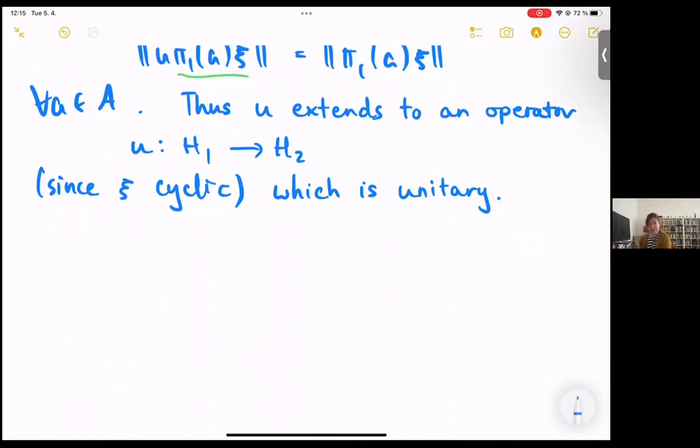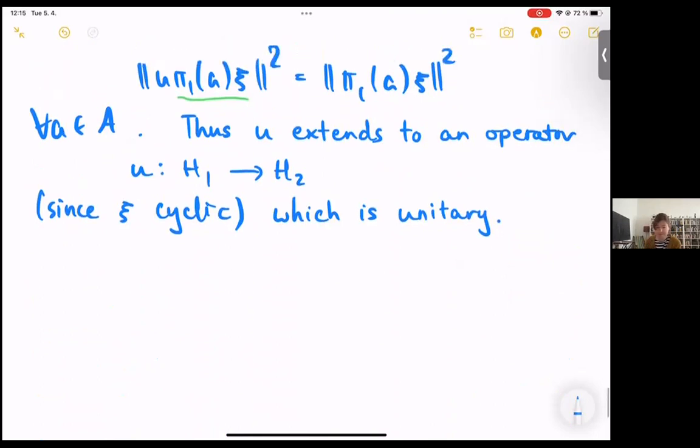Okay, so we need to show that this unitary is actually a unitary equivalence of the representations, and that it maps psi to mu.